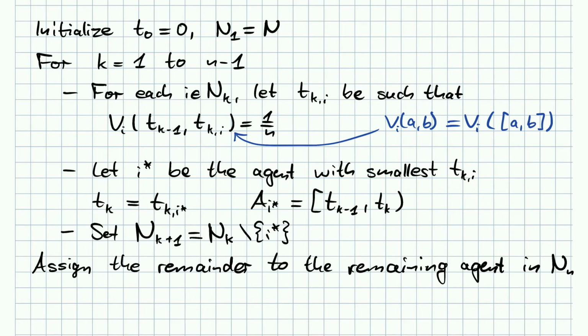So one other way you can think about this is as a moving knife protocol. What will happen is that there is a knife moving over the cake, and then people scream stop, and whoever is the first to scream stop then gets the fraction of the cake that is left of that knife.